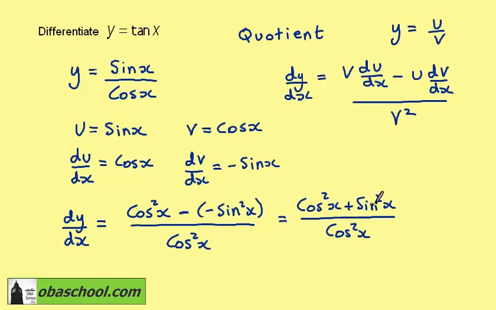Cos squared plus sin squared we should know is identical to 1, so we have 1 over cos squared x, and we can write this as sec squared x, since we know that sec x is 1 over cos x. So the differential of tan x is sec squared x, and this is a standard result that is usually in formula booklets.